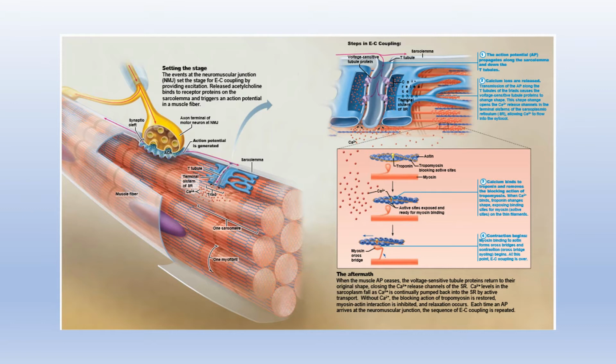The pink arrow shows you the propagation of the action potential, or the nerve stimulus. The action potential will propagate along the sarcolemma and dive deep into the T-tubules. As the action potential dives deep into the T-tubules, it stimulates the release of calcium from the terminal cistern of the sarcoplasmic reticulum.